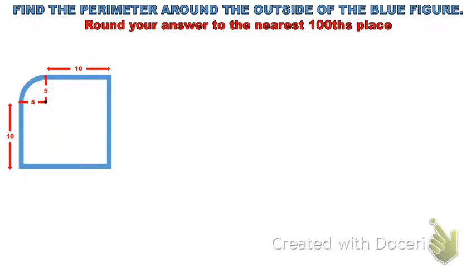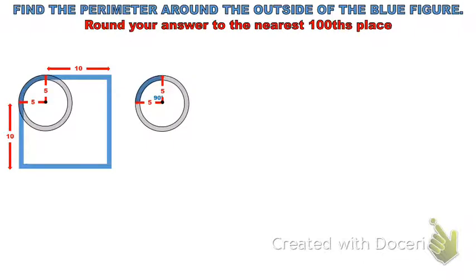The first part of the problem that I'm going to deal with is the round part, which on all of these problems is part of a circle. So you can see I have a circle with radius 5, but the part that makes up the perimeter of our shape is only 90 degrees of that 360 degrees in our circle. So to find the length of that blue arc that has a measure of 90 degrees, we have to use the arc length formula.